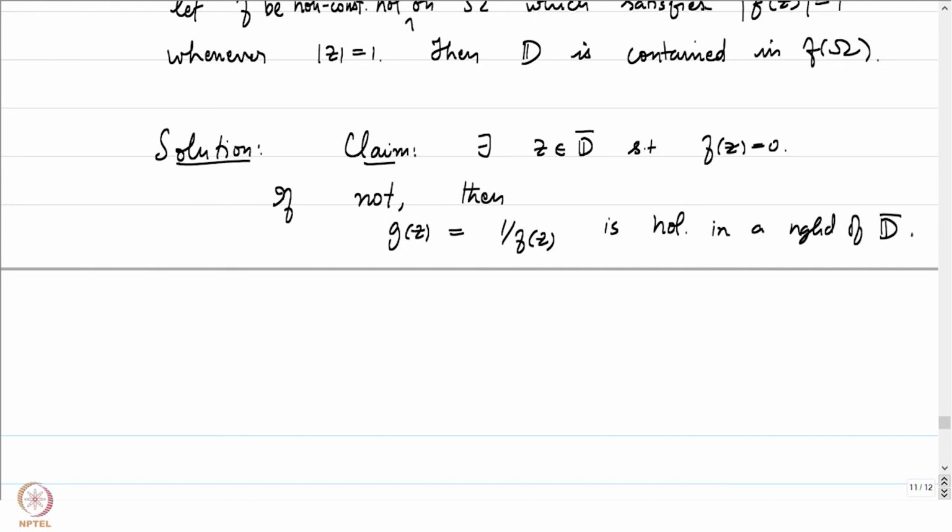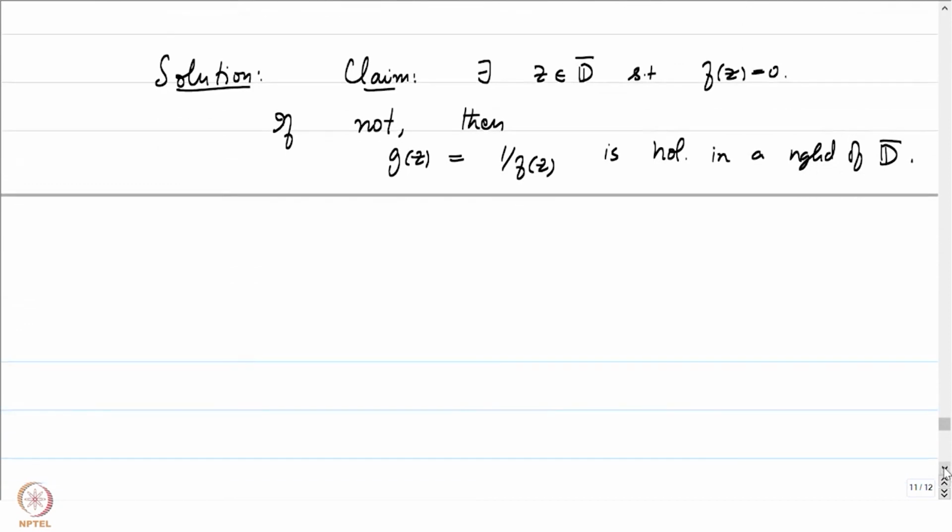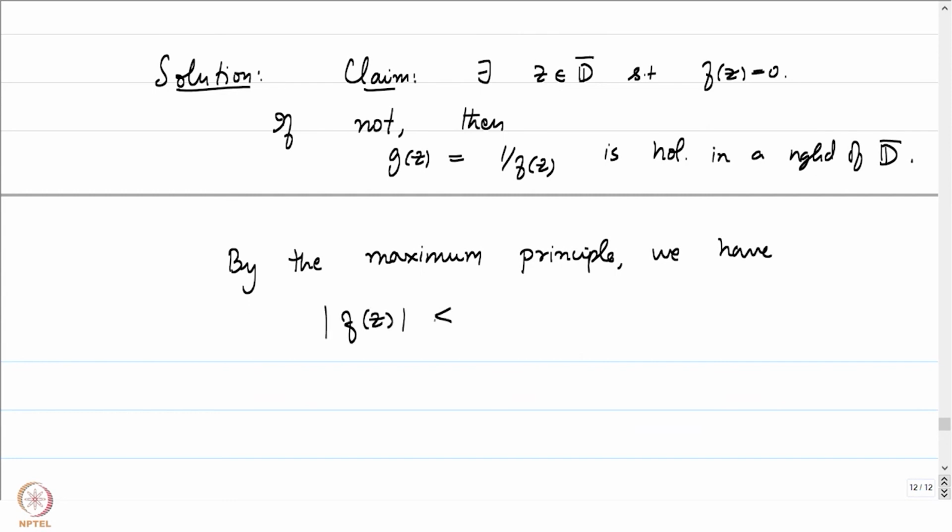It is holomorphic in some U which contains D bar. Now, by the maximum principle, we have the absolute value of f of z is less than or equal to 1 for all z in the unit disk. Because the absolute value is less than or equal to 1 on the unit circle, everywhere in the interior the absolute value is less than or equal to 1.